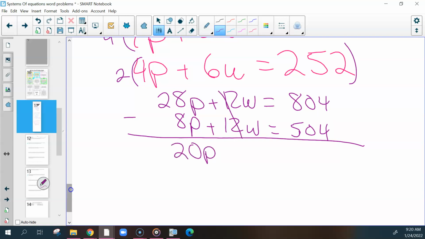These would cancel. This would give us 300. And we could divide. How much do the poinsettias cost? 15.